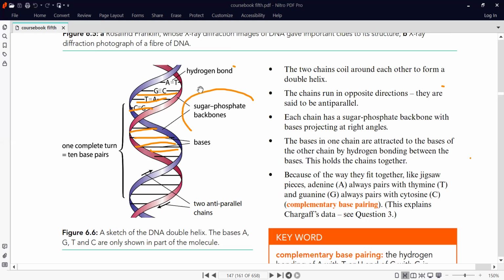Sugar and phosphate make the backbone on both sides, and they are anti-parallel chains. Two chains run anti-parallel to each other. Often one turn contains 10 base pairs. So these are the basic information about the DNA. Now we go further and see how it is made.